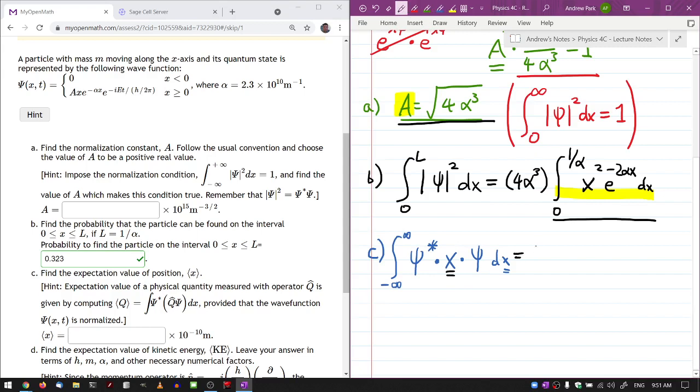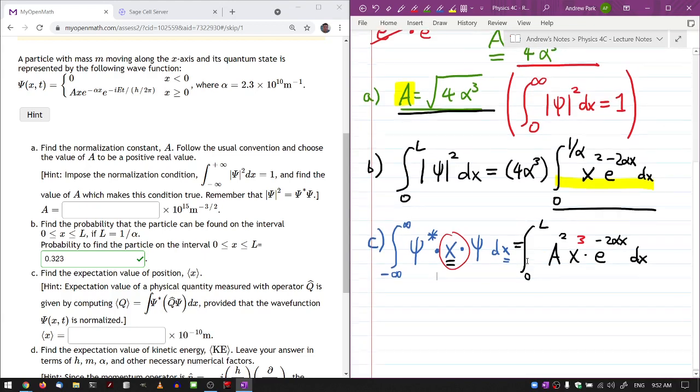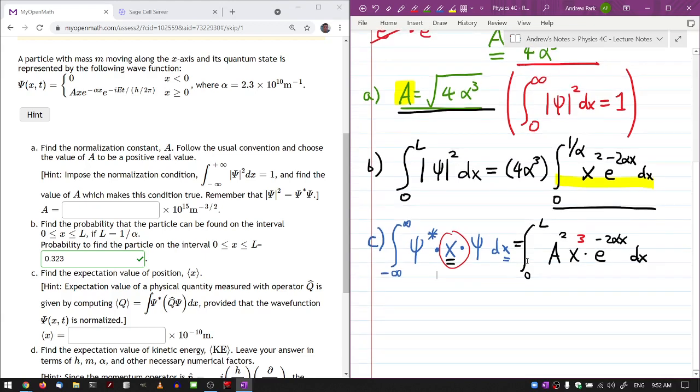So when I finish writing this down, it'll really look like x multiplied to what I had before. So integral from 0 to L of a squared, I'll write that down as a squared for now. And what I had before was x squared times e to the minus 2 alpha x dx. Really the only change here is that instead of x squared, now I have x to the third power, because there's this additional factor of x multiplied to the expression that I'm integrating. Oh, sorry, it's not from 0 to L, it's from 0 to infinity.